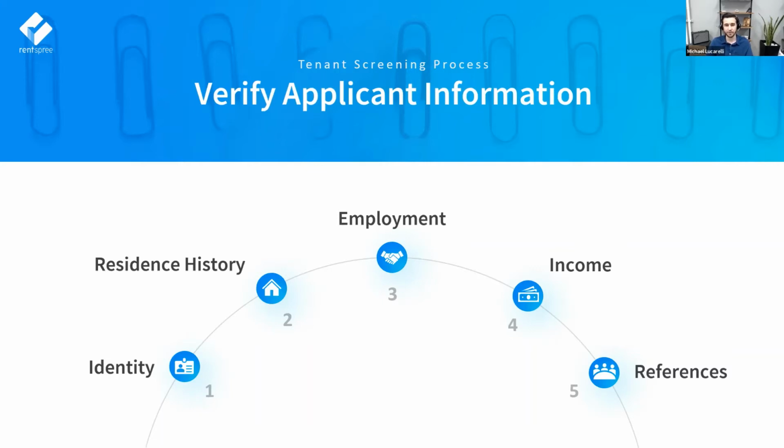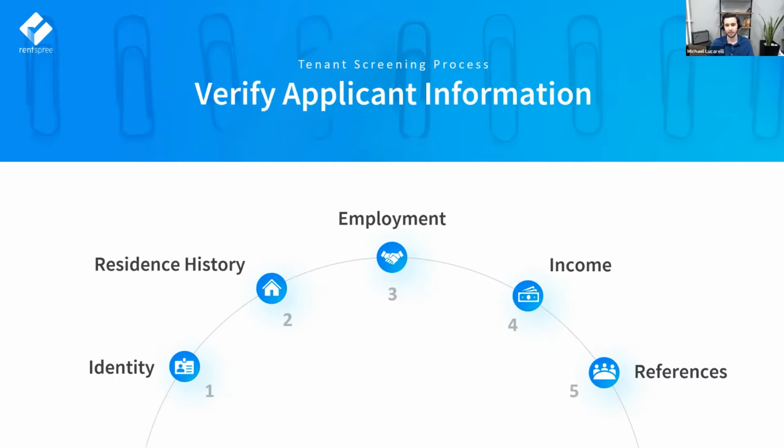And on that note, if you're going to reach out and verify residence history, most landlords and agents consider it more important to make sure that you get into contact with not only the current landlord, but even more importantly, the previous landlord. Why? Because let's say this person is maybe a poor tenant.